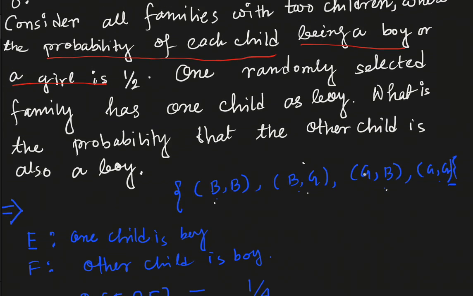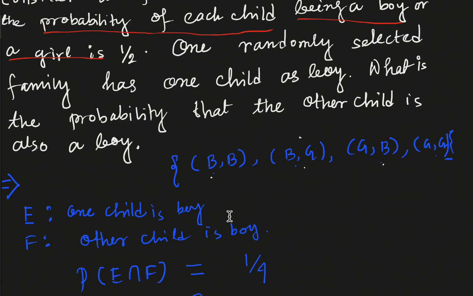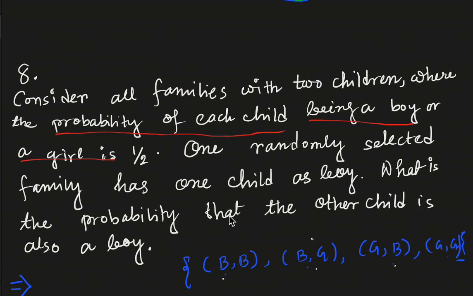And out of them, the event in which both are boys is 1, so the favorable outcome is 1. So the probability that both children are boys is 1/3. So that way you can calculate the probability of this type of problem.